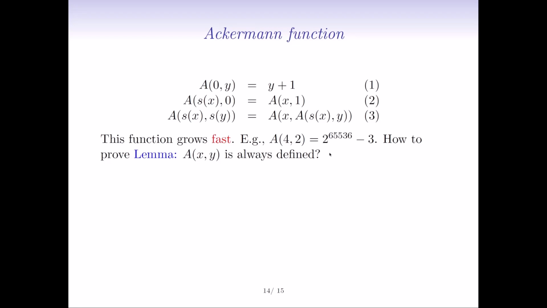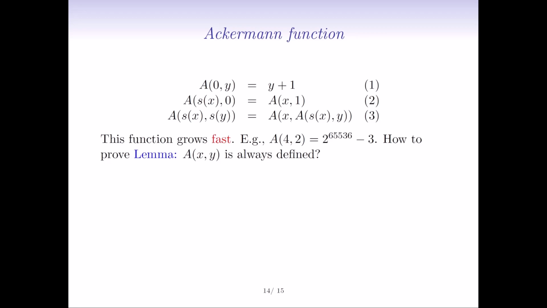And in fact, it's not completely obvious that the result of A on 2 arguments x and y is always defined, and that's because of this clause here, or even in this one, you can see that the first argument's gone down, but the second argument's gone up, and here we've kept an argument the same.